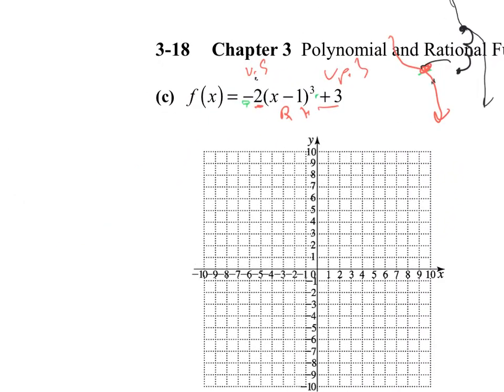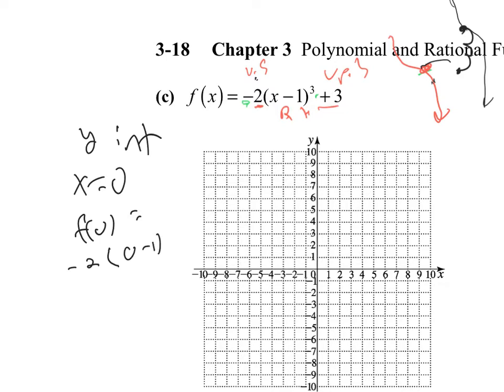First thing I do, I find my y-intercept. That happens when x is 0. So f of 0, in this case, would be negative 2, parenthesis, 0 minus 1, cubed, plus 1. 0 minus 1 is a negative 1.